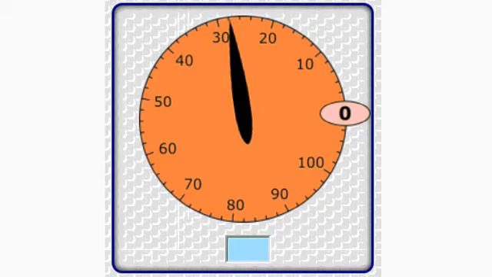Look at the orange scale, it's counting in tens. But what about the numbers in between?